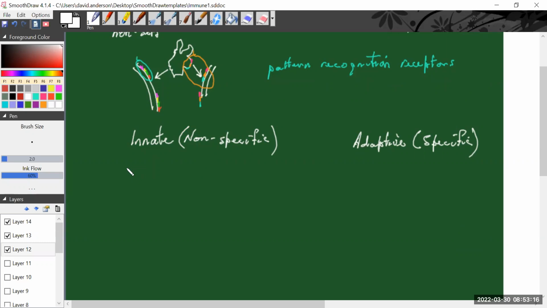Okay, so in innate immunity, these are any and all defenses that we are born with. So some of our white blood cells are ready to be active right away. Neutrophils and eosinophils, basophils, mast cells, these are all examples of white blood cells that are going to be part of our non-specific response.